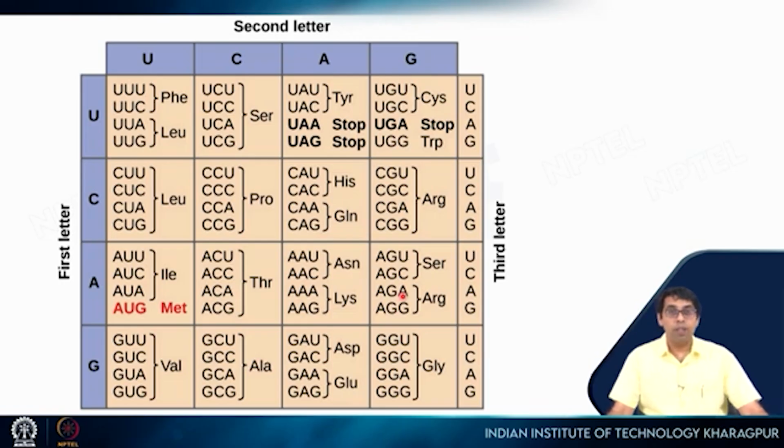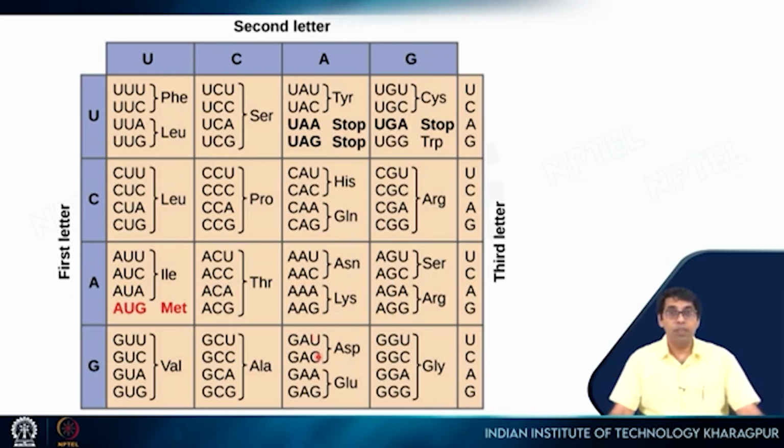Another important aspect of this genetic code table is that similar types of amino acids tend to be in nearby places. For example, look at aspartic acid and glutamic acid. Let's say aspartic acid is encoded by GAC. If this C changes to U, it will remain aspartic acid, so no change in amino acid.